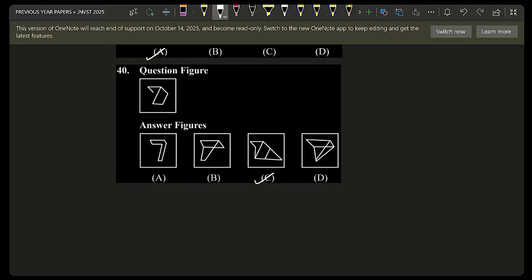And let's start language. We are discussing in the order mental ability first, language next, and later arithmetic. And I ask you to attempt the paper also in that order. First mental ability, English, and finally maths.